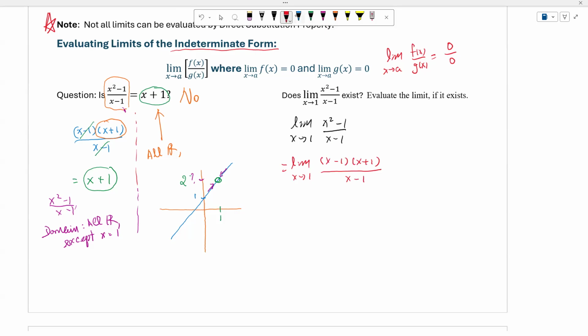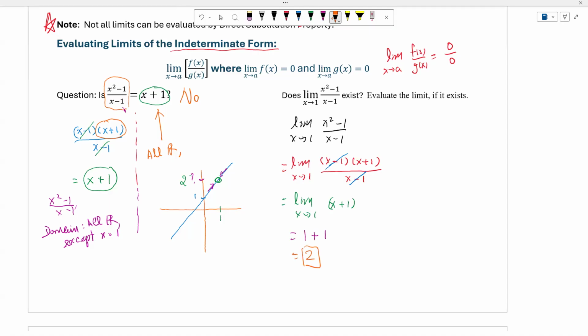Then you will see that, just like what we did before, we cancel this. After we cancel, what do we have left? We have x plus 1 left. Then we could use direct substitution to work out the problem.